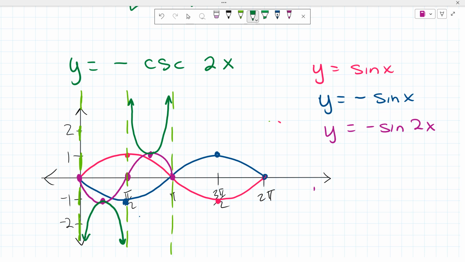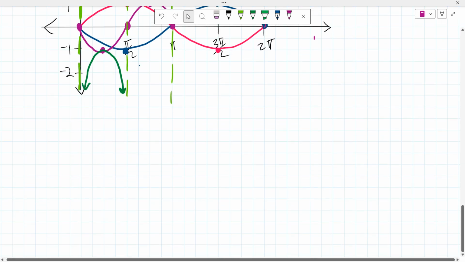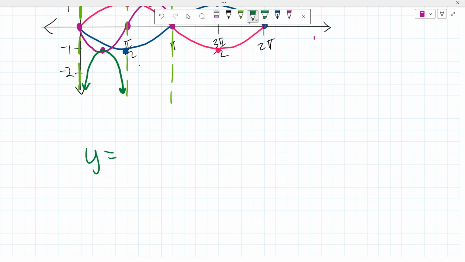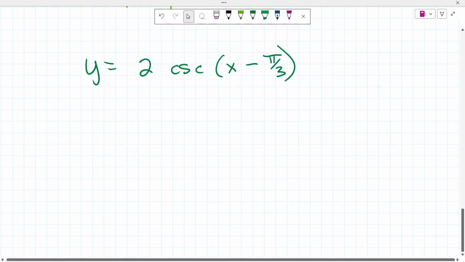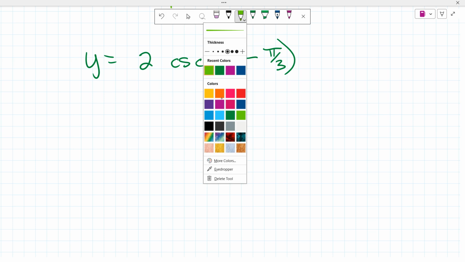We're going to do one more. We're going to do y equals 2 cosecant of x minus pi over 3. All right, since it's cosecant, what are we going to graph?